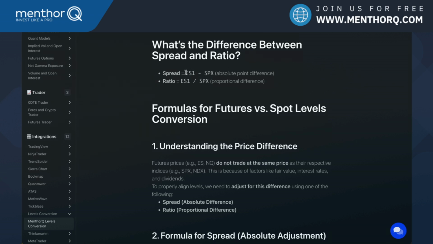So if we use a spread, we would subtract the SPX price from the ES price, SPX being the asset that we are trying to convert from. If we do the ratio, we do the same thing. We divide the ES or future price by SPX, because I'm trying to convert SPX levels onto ES.